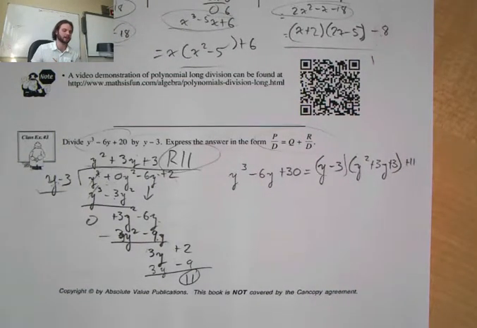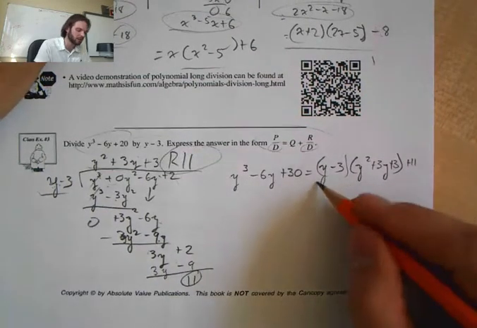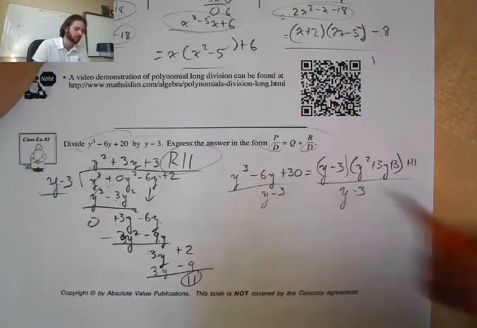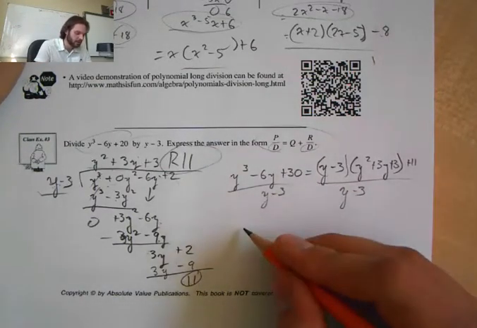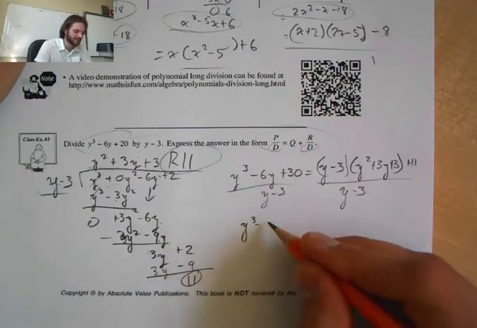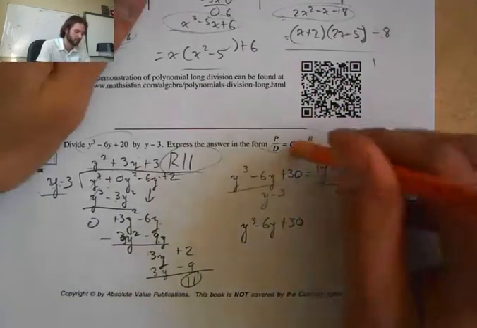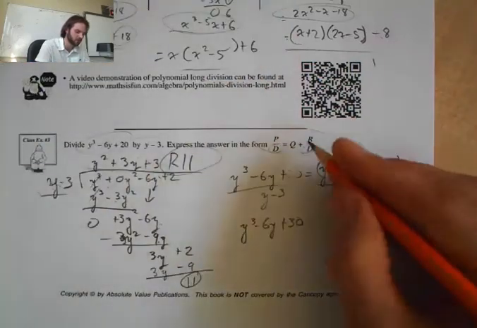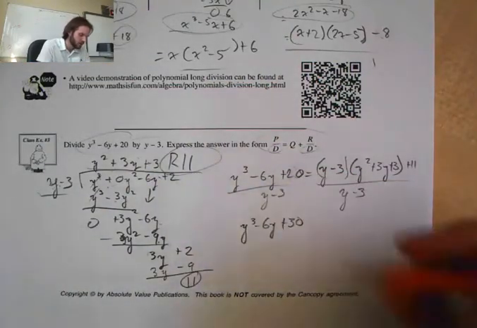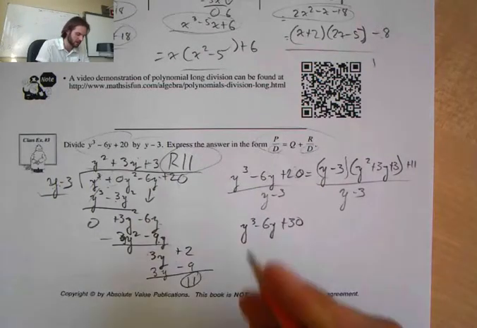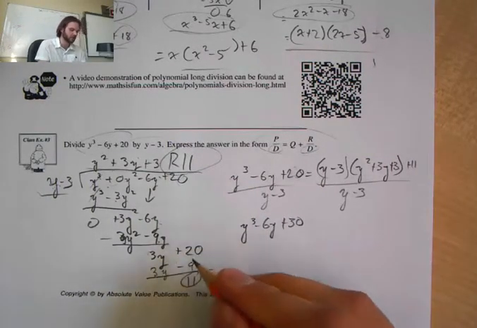Now, this is my divisor. Here, we want everything divided by y minus 3. So then, we end up getting y cubed minus 6y plus 20. Oh, this was supposed to be 20 there. So that's 20.